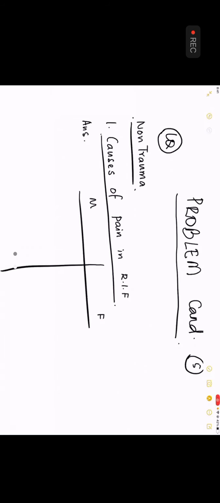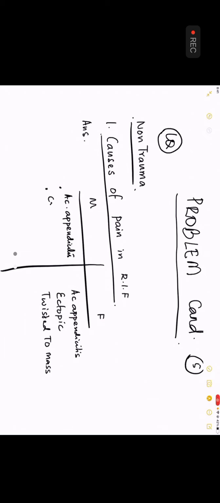In a female, remember acute appendicitis, followed by ectopic pregnancy, followed by twisted tubo-ovarian mass or ovarian cyst. In a male, acute appendicitis, then cystitis, ureteric stone. That's all that you need to say to the examiner to pass.